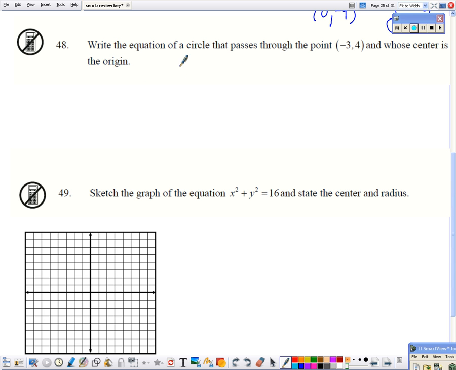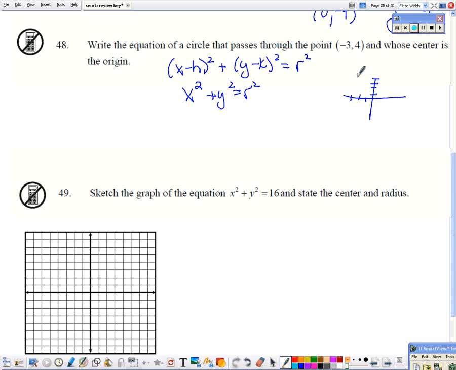For a circle, our equation is x minus h squared plus y minus k squared equals r squared. It passes through this point whose center is the origin. Oh good, so that makes it x squared plus y squared equals r squared. Well, if it passes through the point negative 3, 4, and it's centered at the origin, this is my radius.